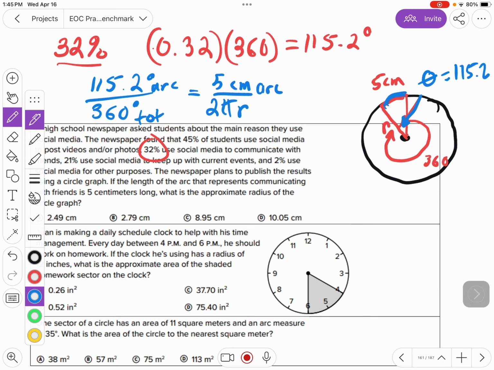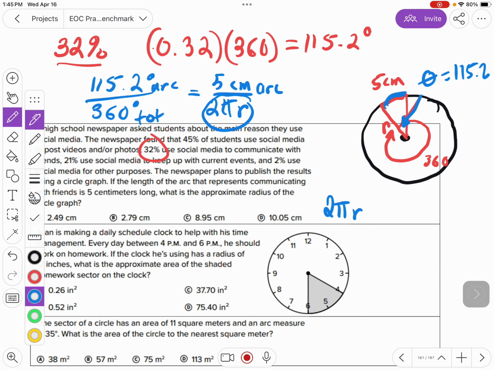Now I can just solve this proportion. If you don't know how to solve it at this point in math, there's always more than one way to do it. I'm just going to show you what I might do. To get r on top, that's my goal, I'm going to move 2 pi r to the other side, so 2 pi r is going to be on the left.